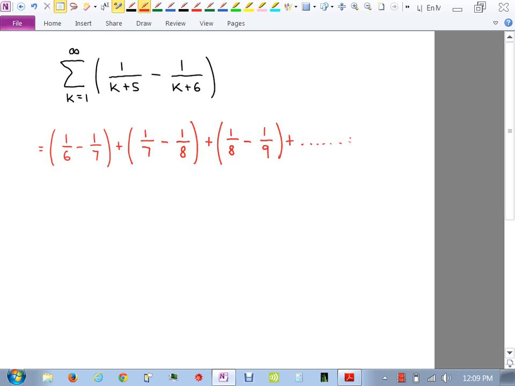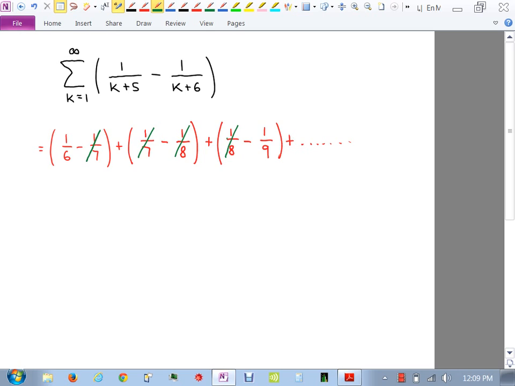You see what's happening? You have this negative 1/7 and positive 1/7 canceling. What's happening is that you have the 1/6, and then as you go out, they're killing each other off, right?